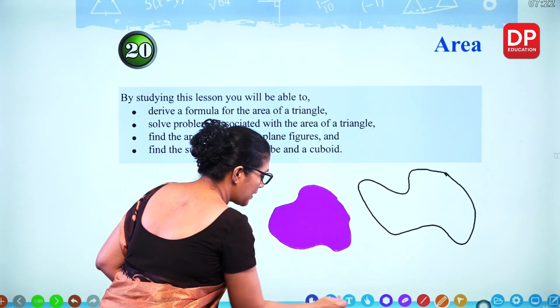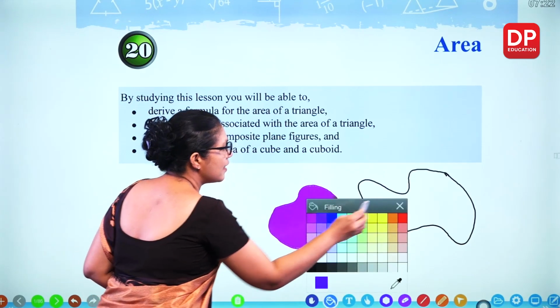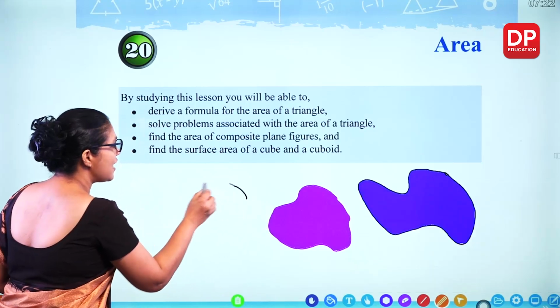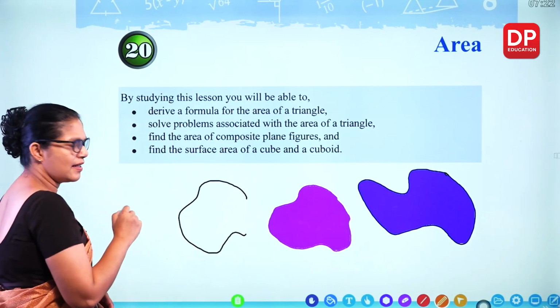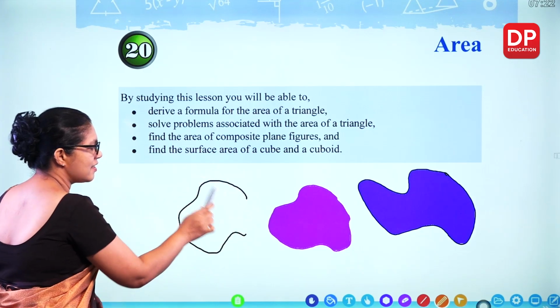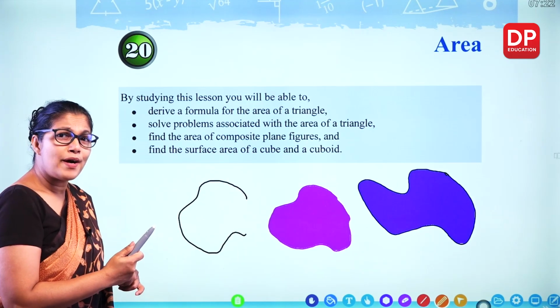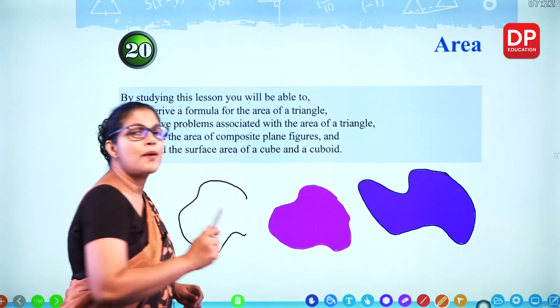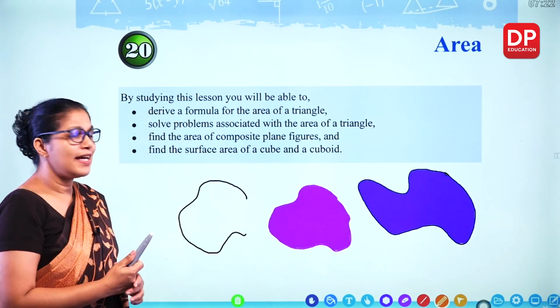When you take the space occupied by this one, when you take an open figure, can you get a space there? You can't get a space for an open plane figure. So we are discussing closed plane figures to find the area.